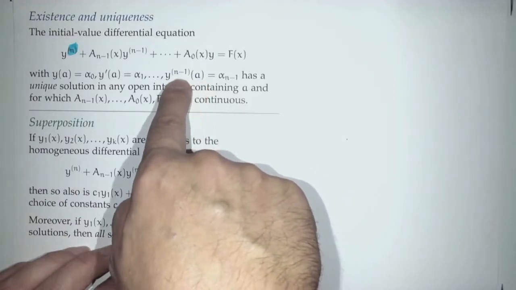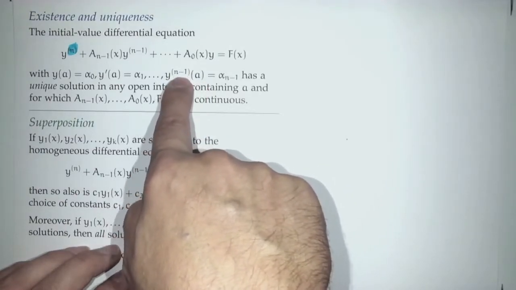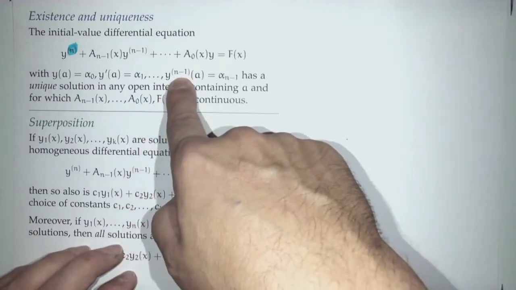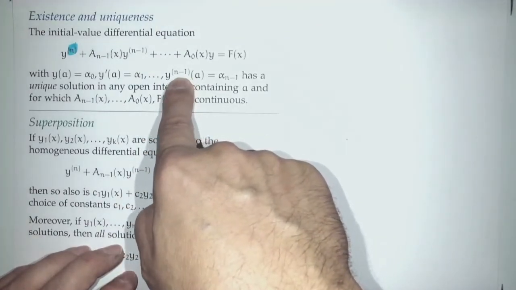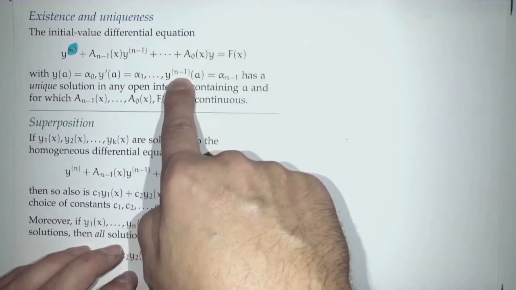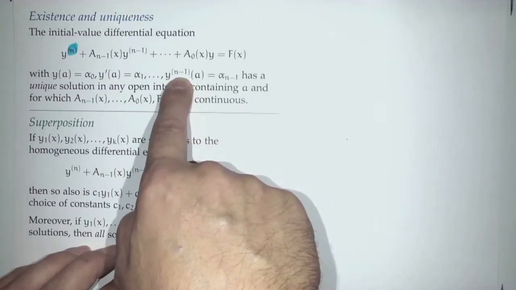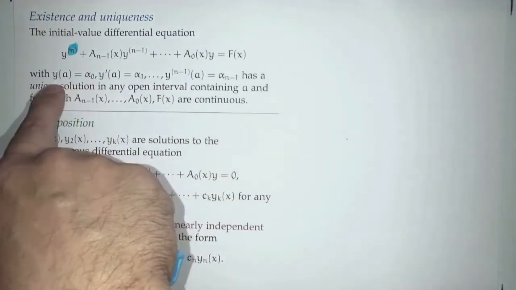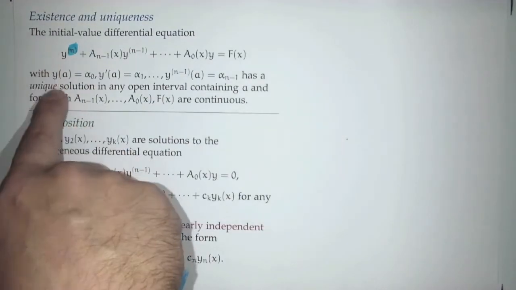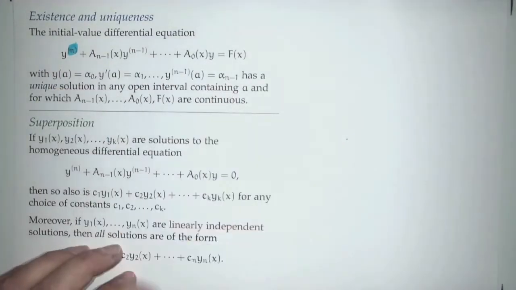Now you might be thinking, wait a second, n minus 1, aren't you missing something? Shouldn't we have n? Well, we started at 0. So there are, in fact, n pieces of information here.